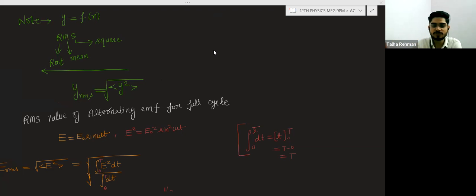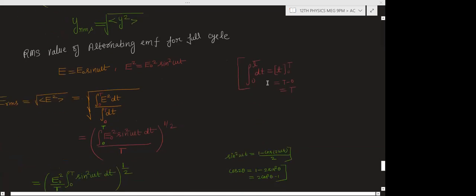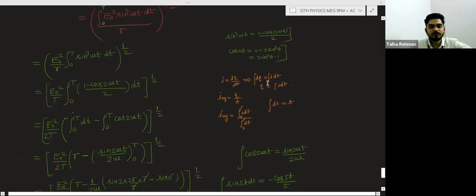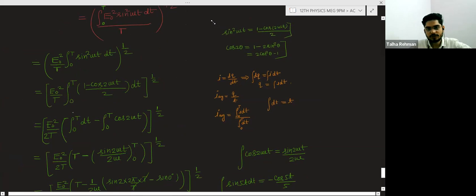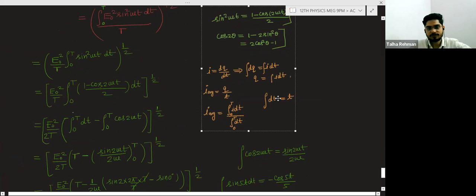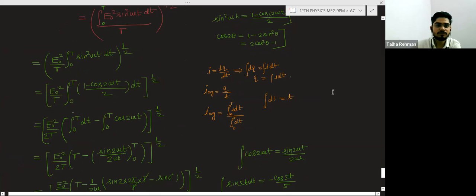What is the integration of cos? So Fawaz, completed? Should I scroll down? Yes, sir. Now write down this, and I am just zooming it in so that you can get it.